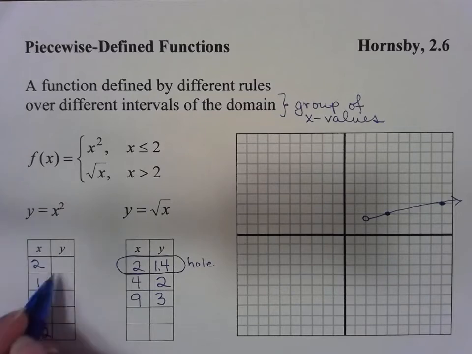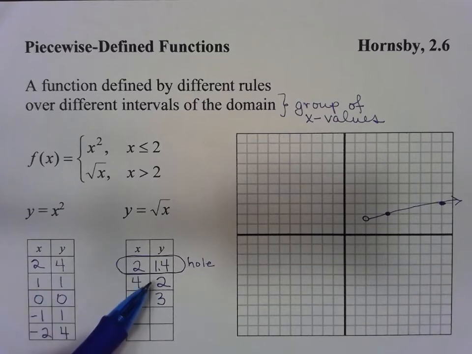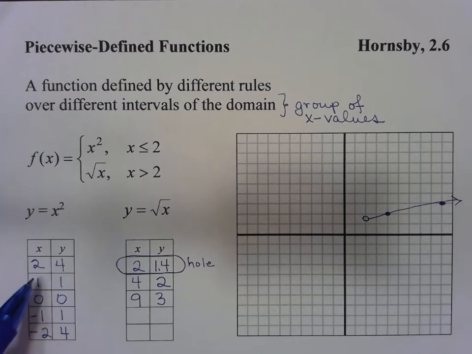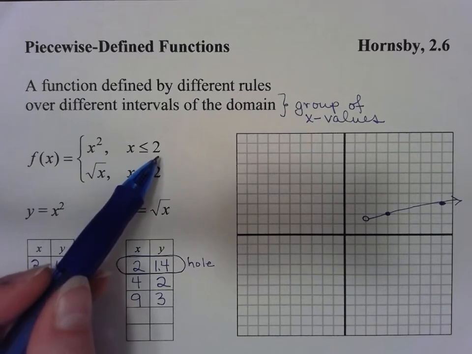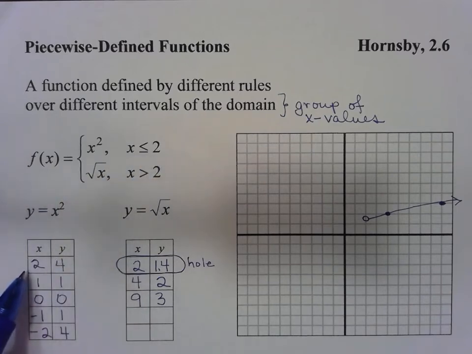Okay, so 2 squared gives me 4. 1 squared would be 1. 0 squared would be 0. Negative 1 squared would be positive 1, and then negative 2 squared is positive 4. I'm not going to do the same thing I did over here. I'm not going to circle this one because this x value is included. x is less than or equal to 2. And so I will have a solid point there.